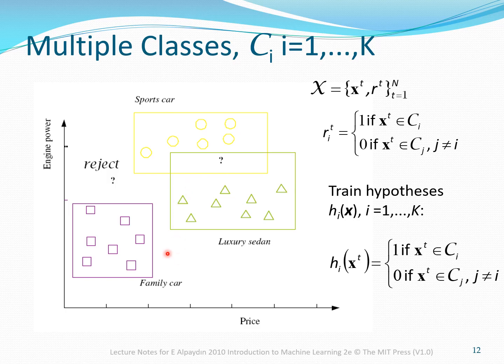There are three hypotheses induced, each one covering the instances of one class and leaving outside the instances of the other two classes. Now this question mark area is known as the reject region, where no class or more than one class is chosen.